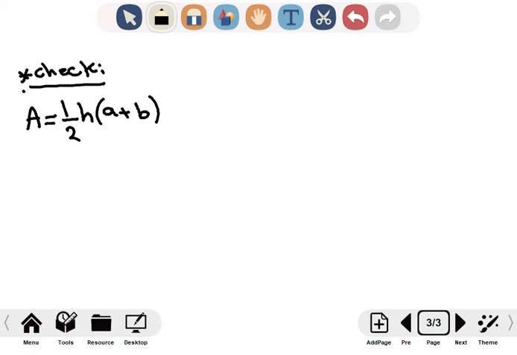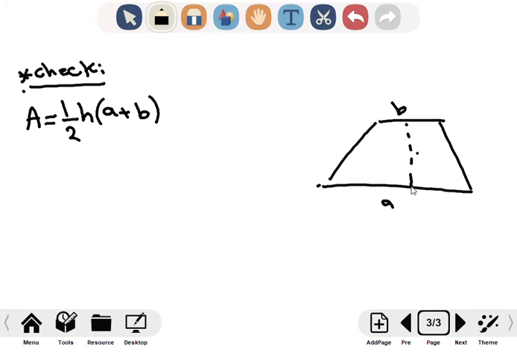A and B are the two bases of the trapezoid. You know the trapezoid, this is A, this is B, and this is the height. To find its area, you follow the formula: half multiplied by H multiplied by the sum of the bases.